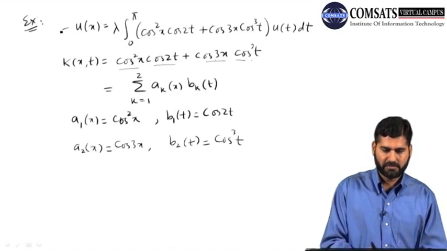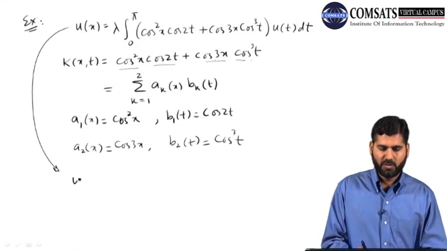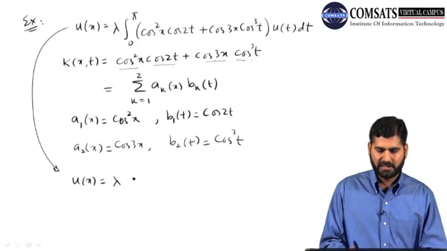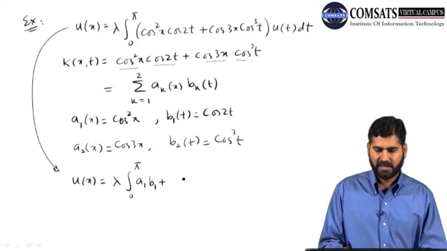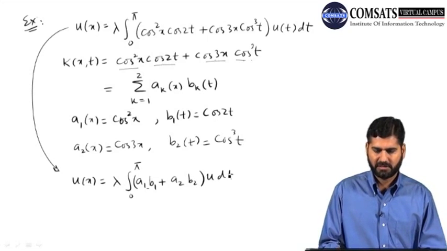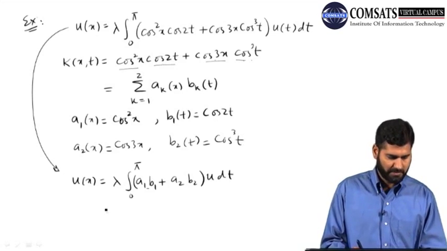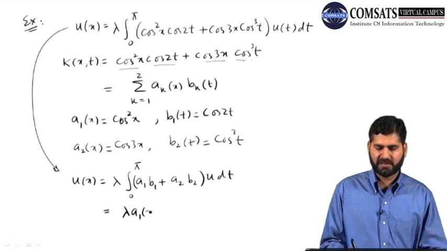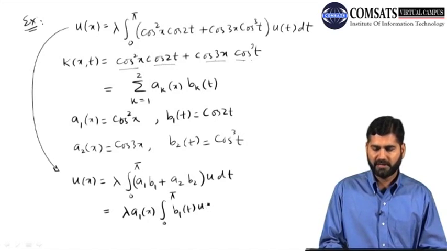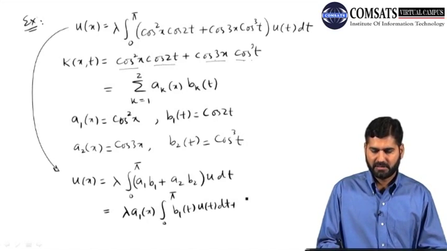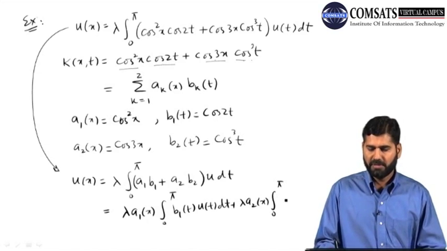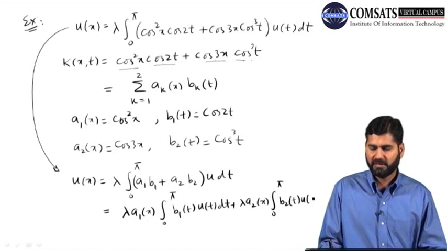So this equation will become u(x) is equal to lambda integral from 0 to pi of a1 b1 plus a2 b2, u dt. So this will become lambda a1, because this is a function of x, so you are left with the integral of b1(t) u(t) dt, plus lambda a2(x) integral from 0 to pi of b2(t) u(t) dt.